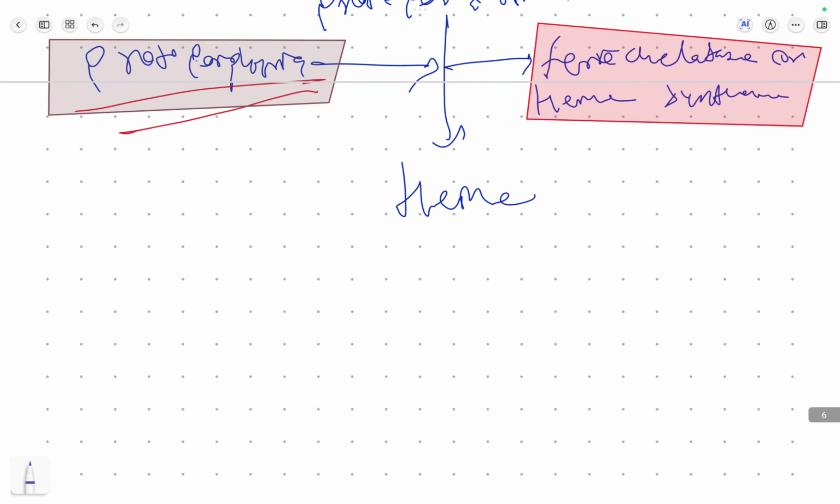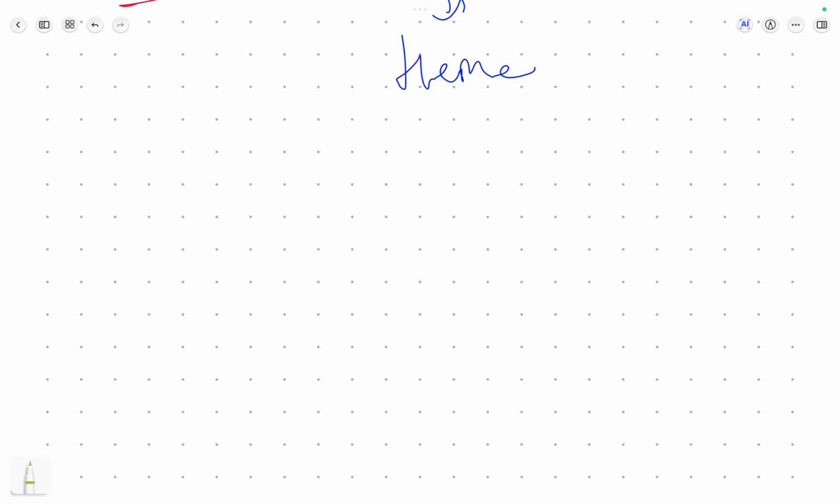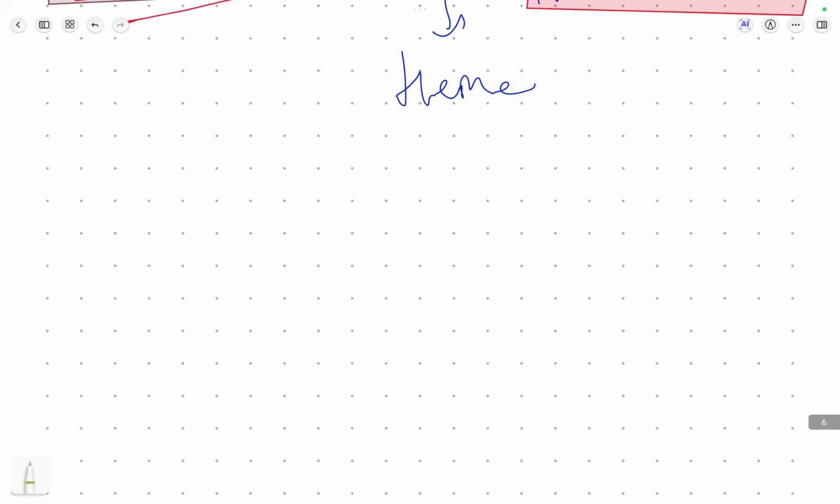And one more thing: one question used to be asked, how does photosensitivity act? So see, for example, there is deficiency of UPG3 cosynthase. All right. So we will accumulate uroporphyrinogen 1. This will form protoporphyrin.